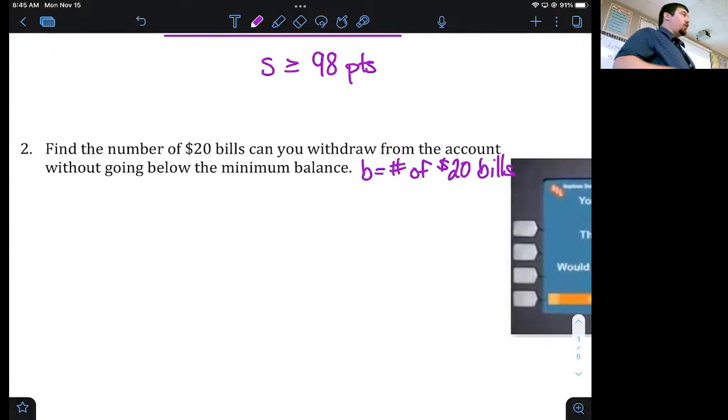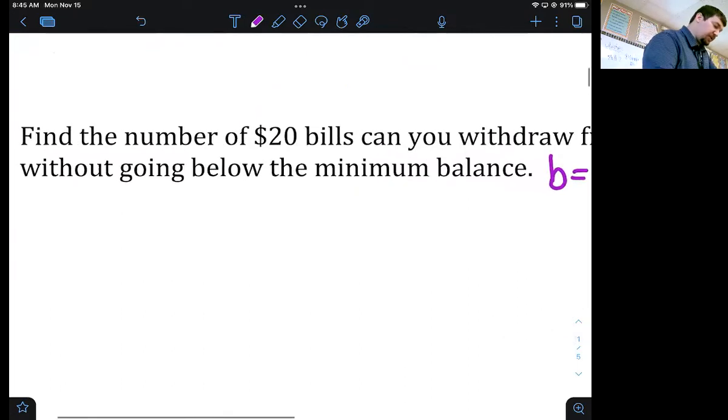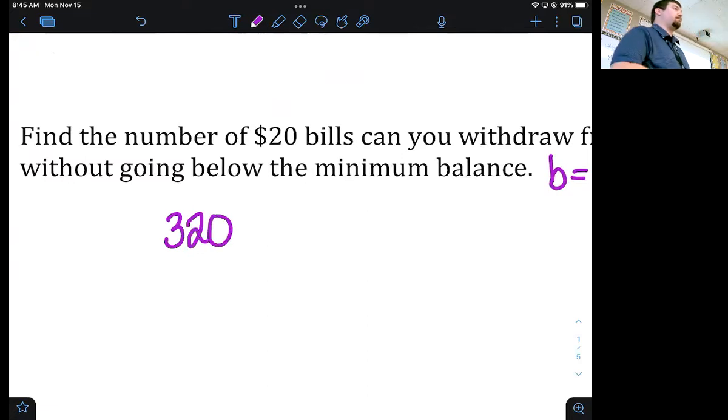How much money do we currently have? 320. Okay, so let's start with that. What's going to happen to our bank account as we start pulling out $20 bills? It's going to decrease by $20 for every bill that we pull out. So 20B, minus 20B, minus $20 for every bill we pull out, which could be 1, it could be 6, up to as long as we have $100 left.